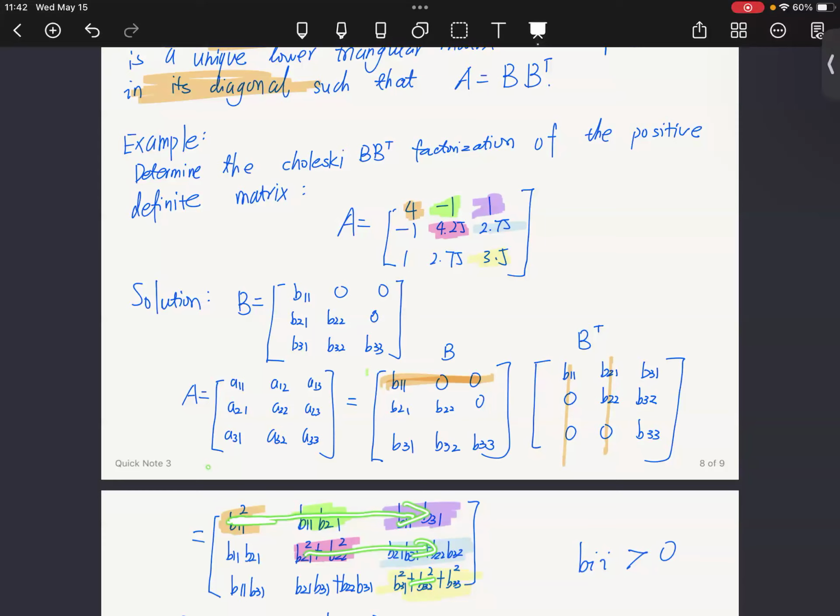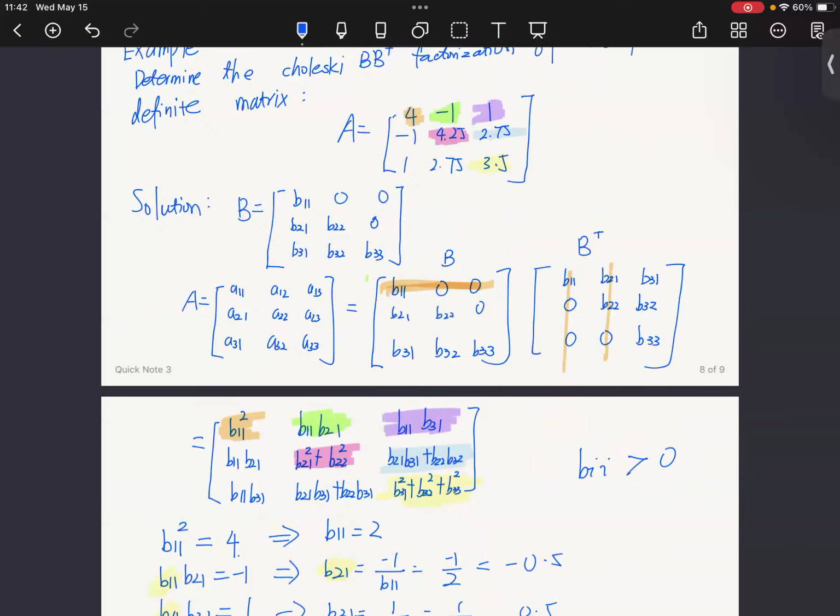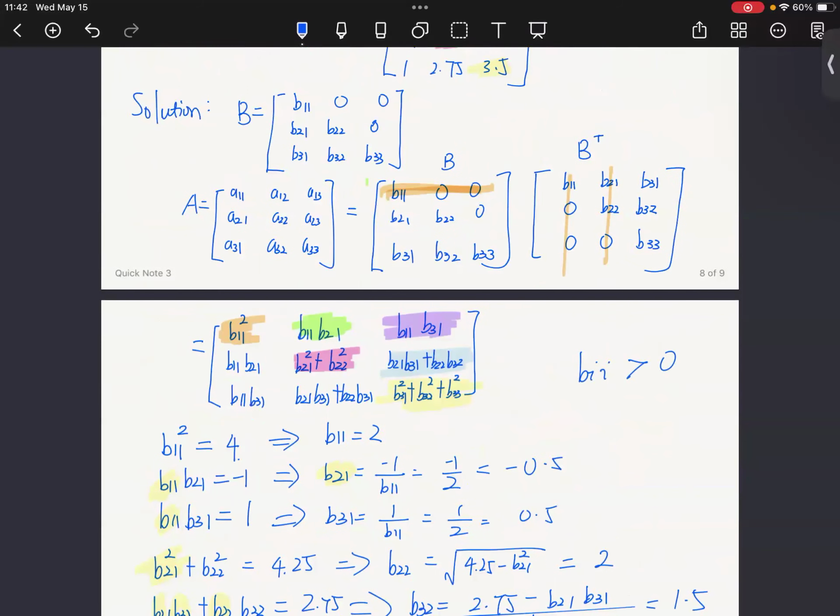You could have a bigger matrix A as well, and then you would do similar calculations here, comparing the value B11 and A11, and then comparing B11, B21 with A12, and you solve for B11 and then B21 and B31 one by one. The idea is the same.